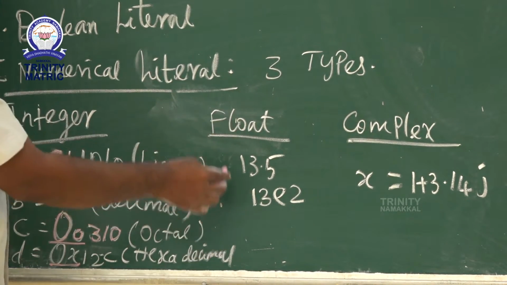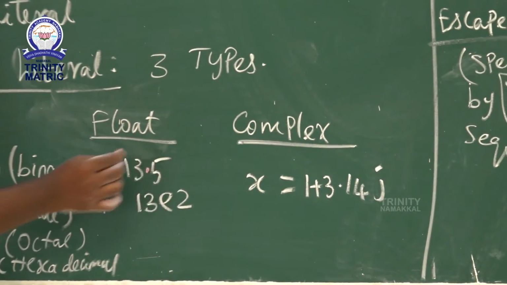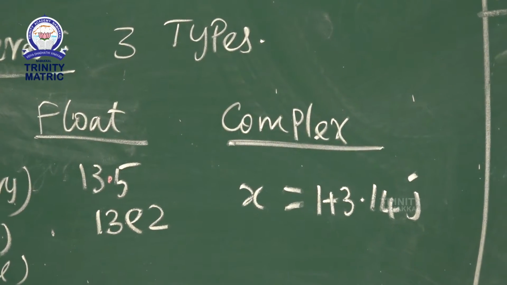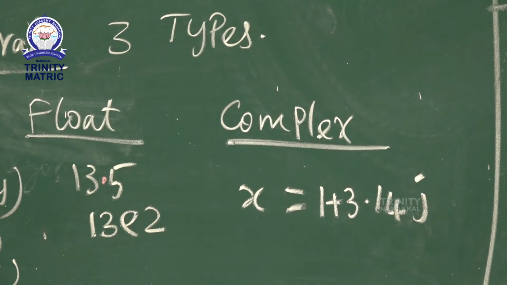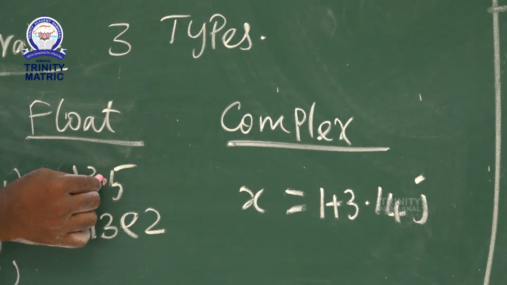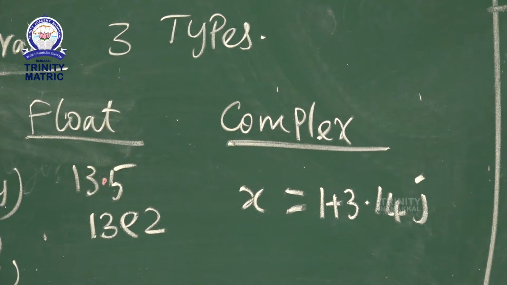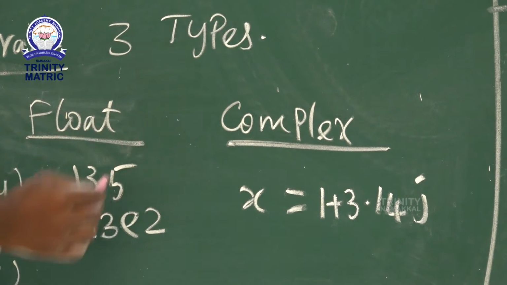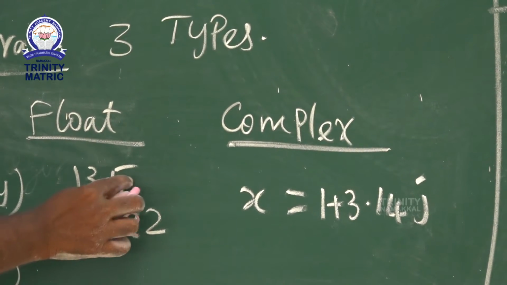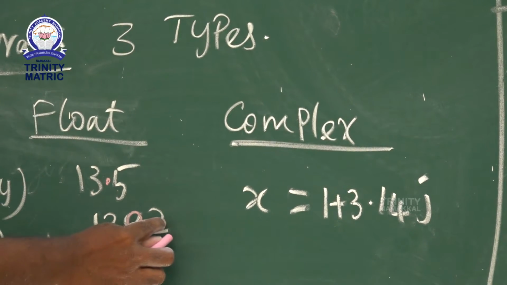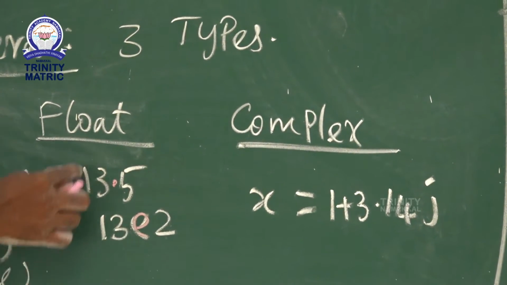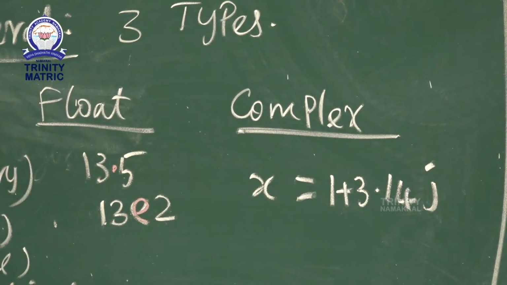A floating point number must contain a decimal value and a decimal point: integer, decimal point and 5, like 13.5. This is called float type, and 13E2 is called exponent type. Both are floating point literals.